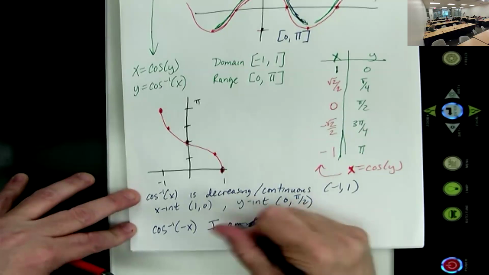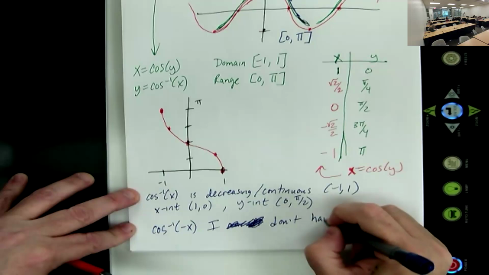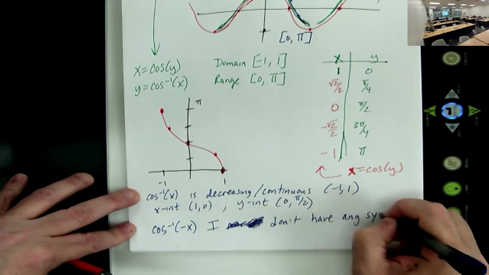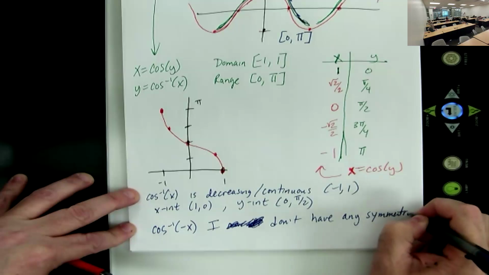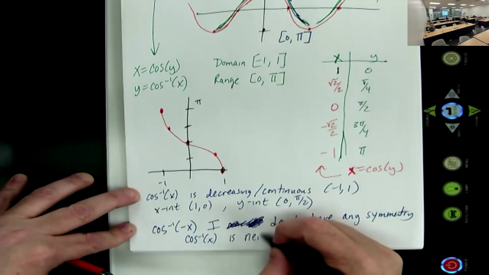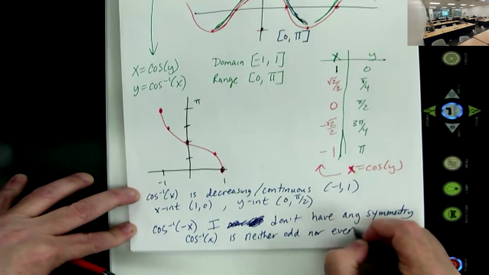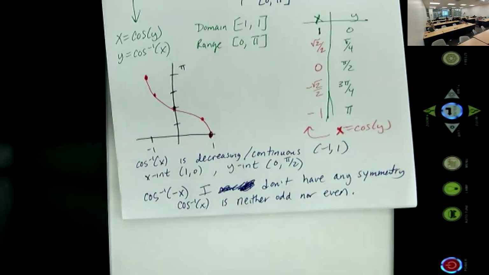I don't have any symmetry. So cosine inverse x is neither odd nor even. Cosine of x was even, cosine inverse is not. Sine and sine inverse were both odd. Cosine doesn't have that property.